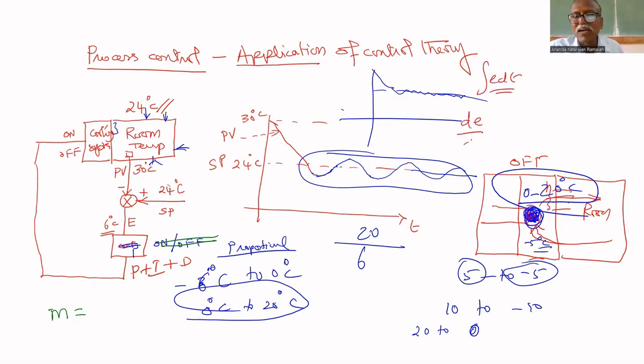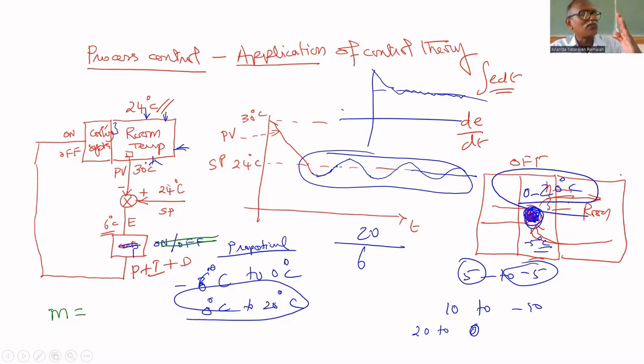dE by dt will give what? Derivative. What is the physical meaning of dE by dt? It is speed, velocity. At what speed does the error increase?